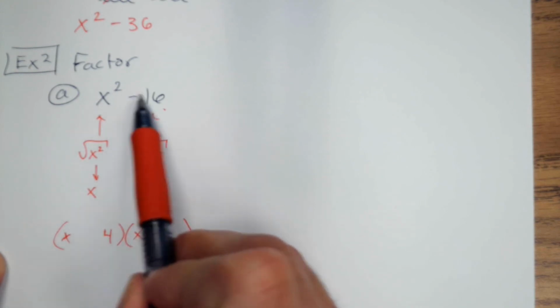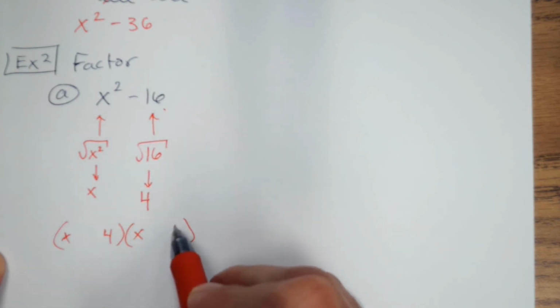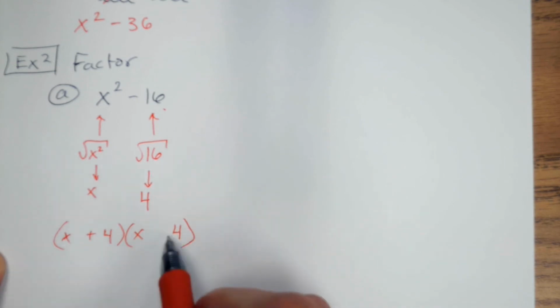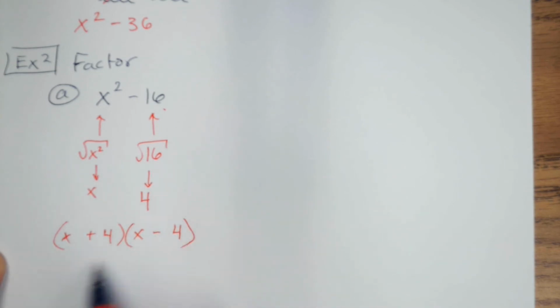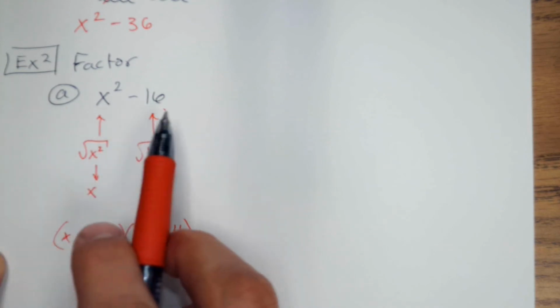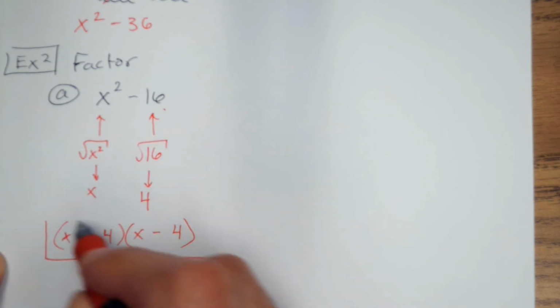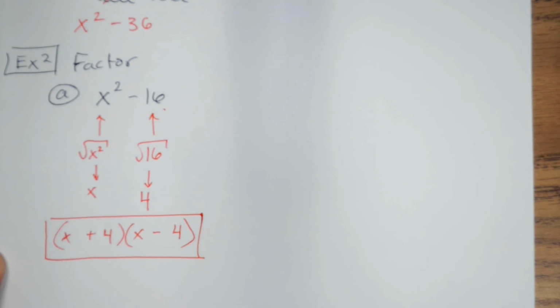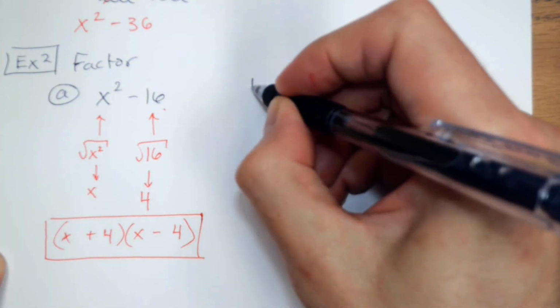I'm not square rooting a negative, I'm just square rooting this. And then alternate the signs here, plus, minus. If you were to FOIL this out, you would get x squared minus 16. That's the pattern that we're going to be looking at. We're definitely going to get some more difficult examples like this one.